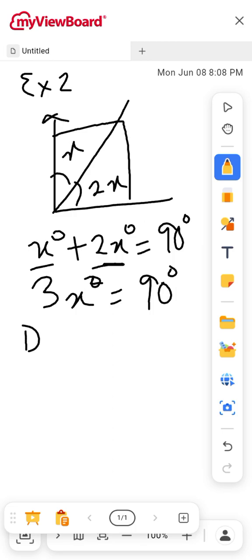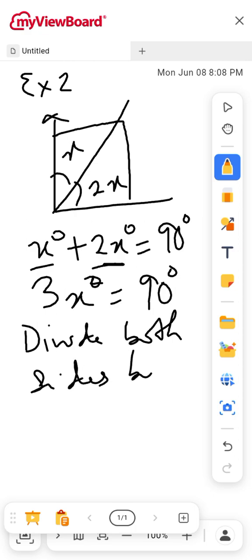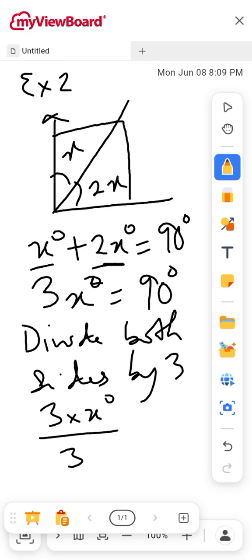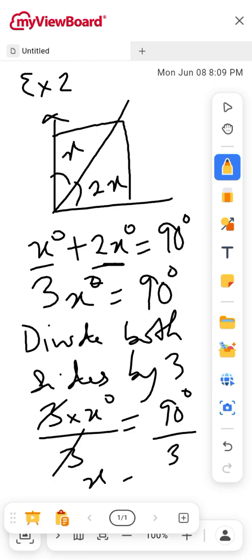So in this case, you divide both sides by 3, so that we have 3 multiplied by x over 3 equals 90 degrees over 3. 3 cancels 3. So when 3 divides 90, x is 30 degrees.